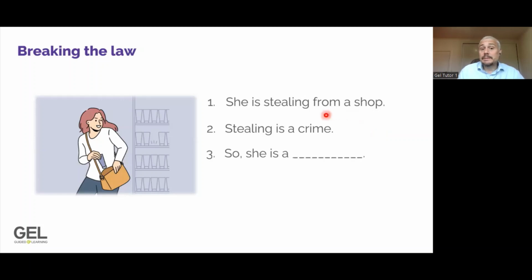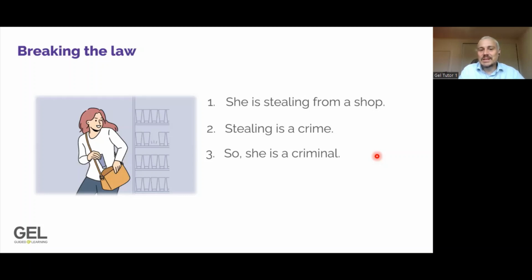So, if this is a crime, the woman is a... What word can we use to describe the woman here? Look at the next question and type one word to complete sentence 3. A person who commits a crime is a criminal.